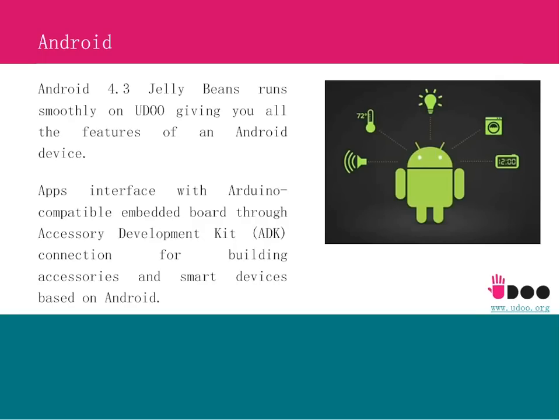And that's fine, but it's not so special. What makes UDOO really special with Android is that we used a feature that Google developed some time ago, the Accessory Development Kit, ADK. This was meant to allow Android devices to talk with Arduino.